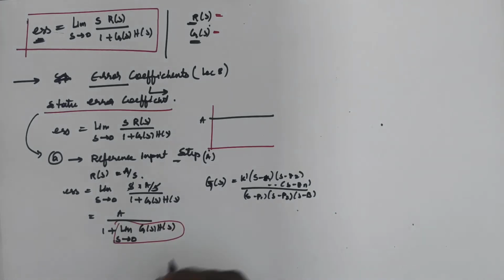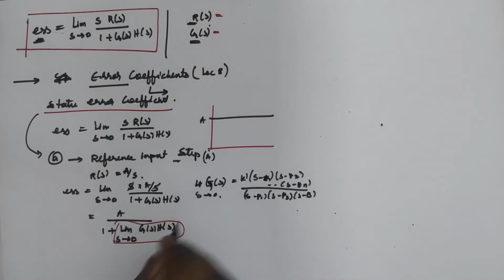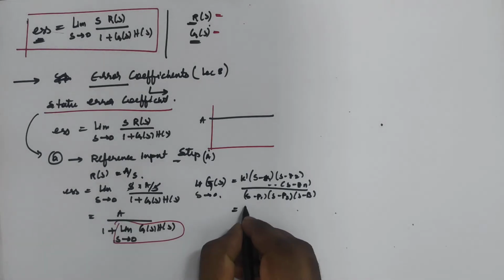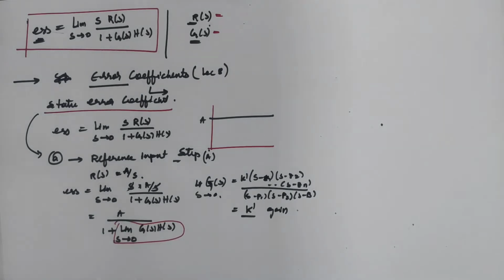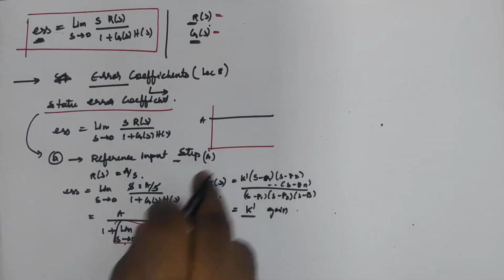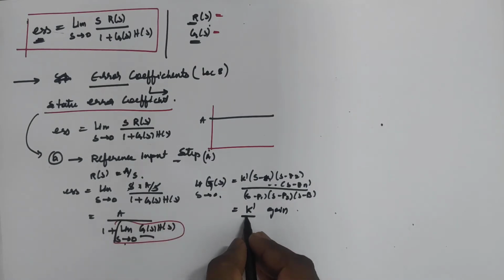For this system, if I make s tend to 0, I'll obtain a value called K dash gain. Similarly, G(s) into H(s) is a transfer function, and if s tends to 0, we'll end up with a constant called K.